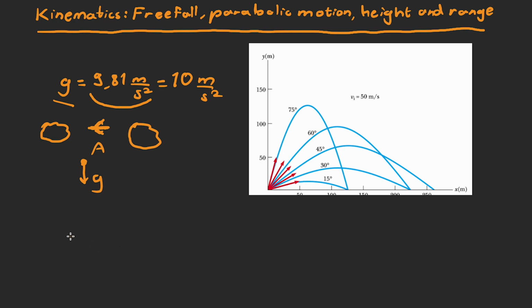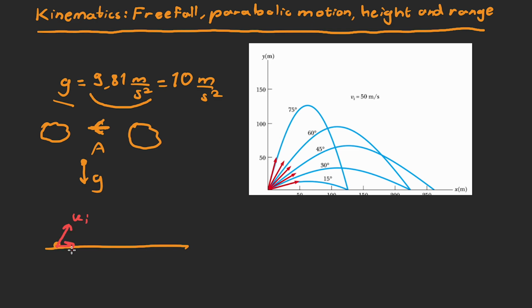So our projectile motion would be something like this. If we had a body resting on the ground, and if we, let's say, kick it with an initial velocity, we can figure out a ton of things.